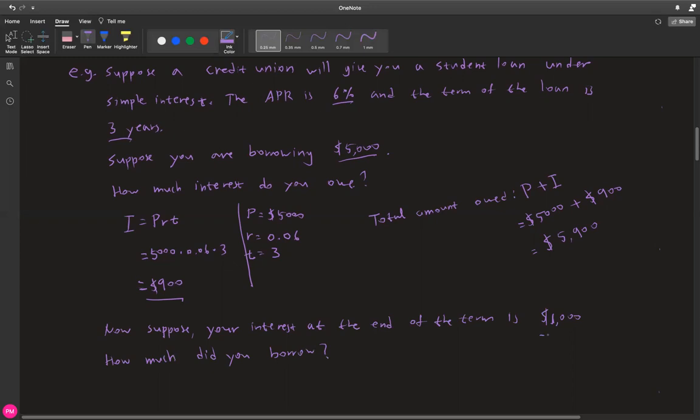So here, the interest that you're paying is now the new I, the new interest, because that is what the interest stands for. And we still know that the APR is 6%. Nothing has changed. And the term is 3.